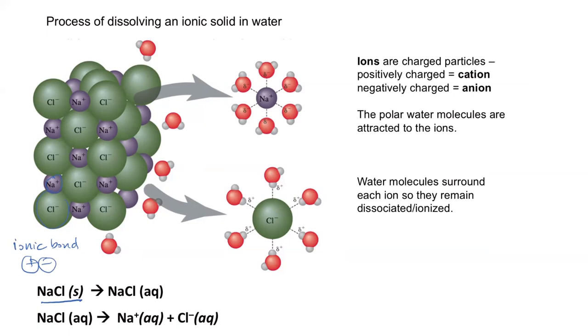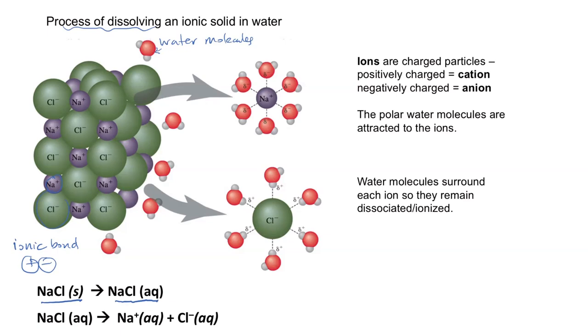But when the water molecules, so these are water molecules, start to come in here, they do the process of dissolving. And the process of dissolving is that these water molecules will come in one at a time and pull off these ions and surround each ion until you have an aqueous solution, until you have no more ions attracted together.